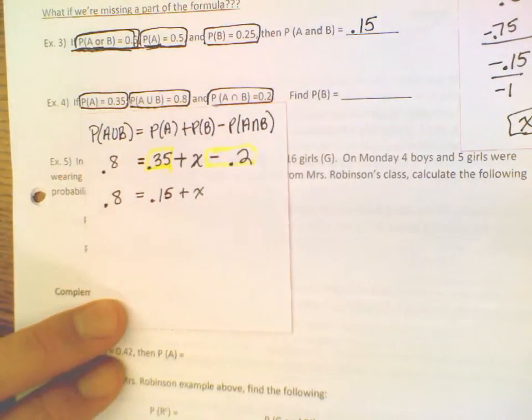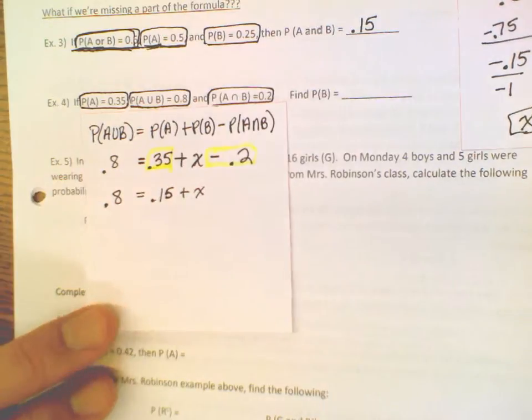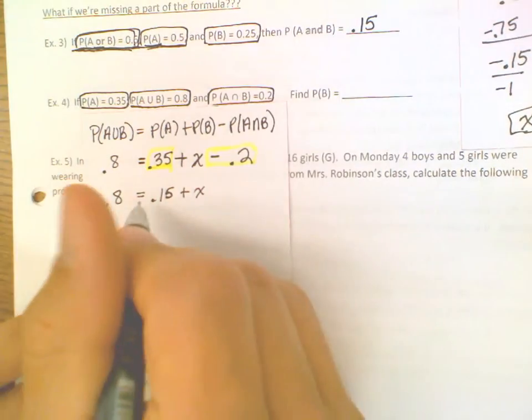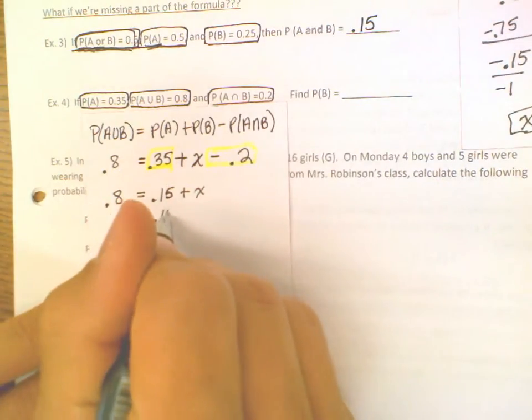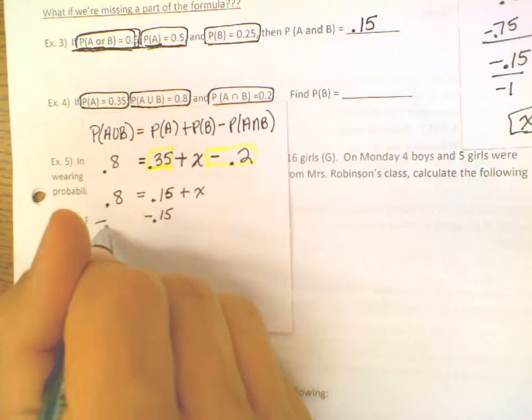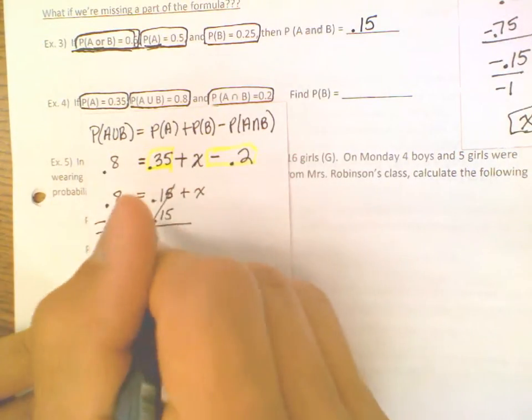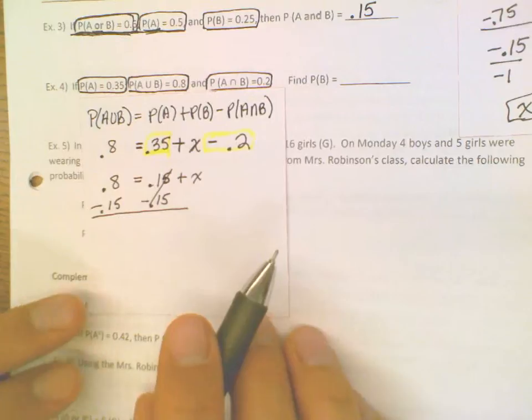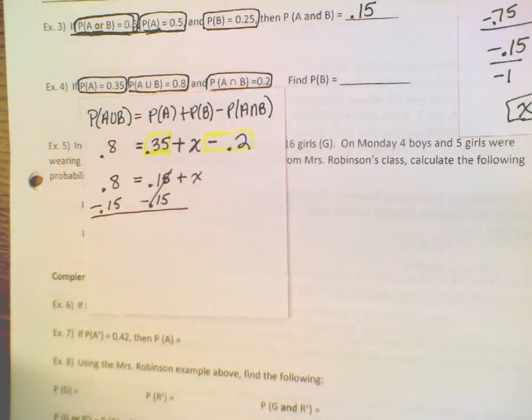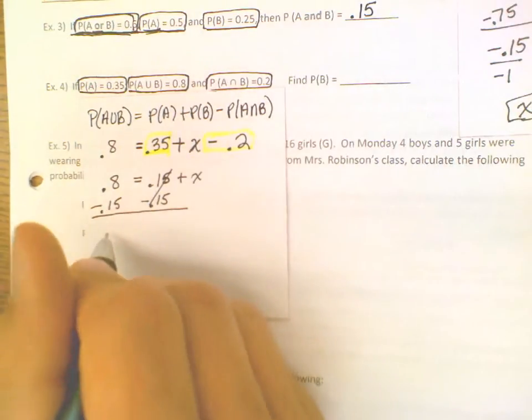So what should I do to get x by itself? Subtract 0.15, subtract 0.15. And I'm a big proponent of using a calculator when you're trying to do decimals, just because a lot of people find them a little bit confusing.